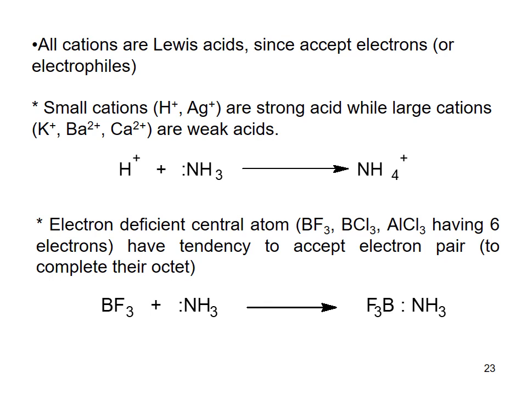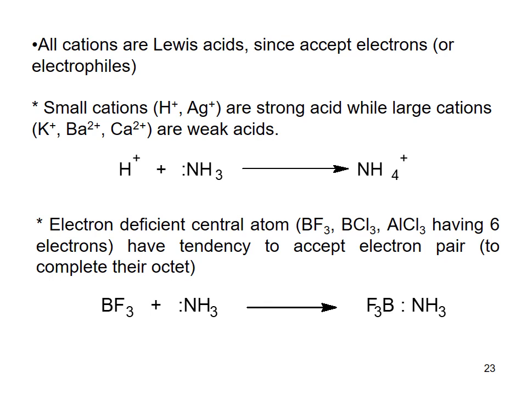One more point: small cations like H+ and Ag+ are found to be stronger acids than the larger cations like barium and calcium, which are found to be weak acids. As I told, some of the neutral molecules are found to be acid in nature.